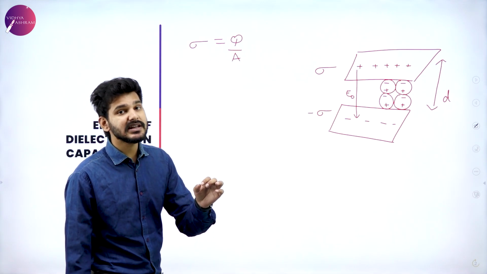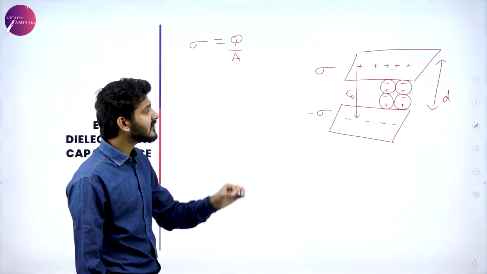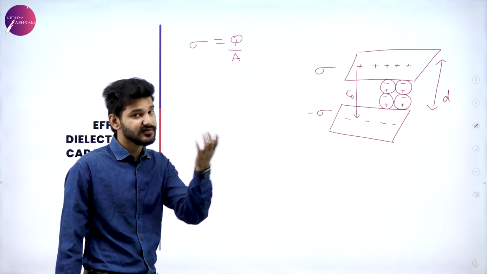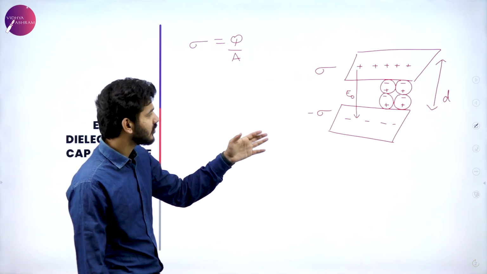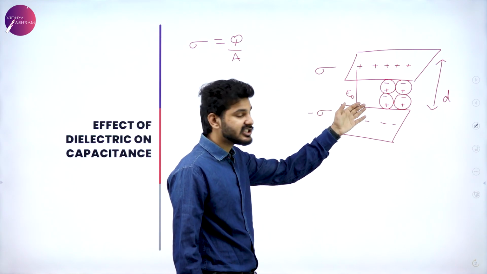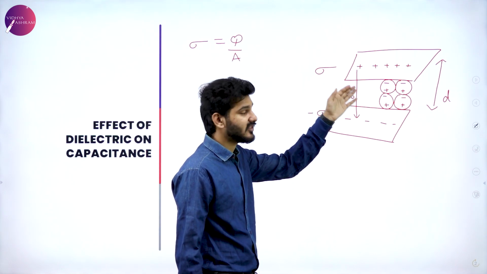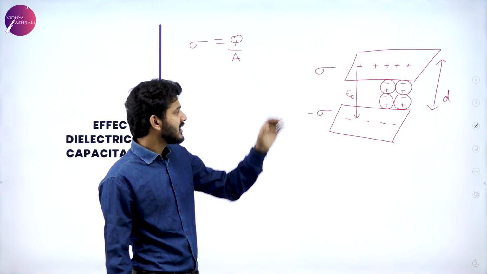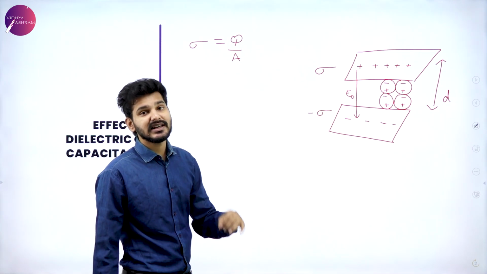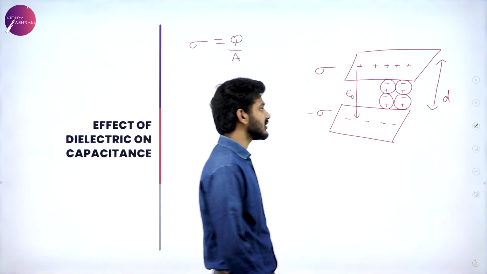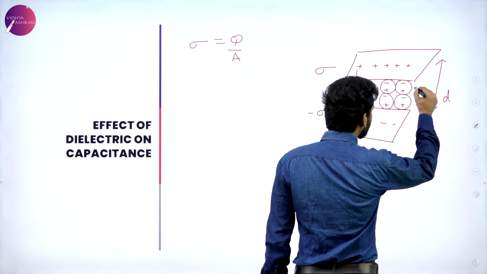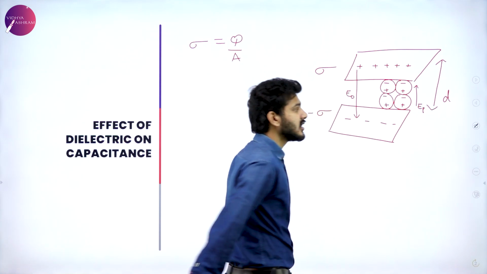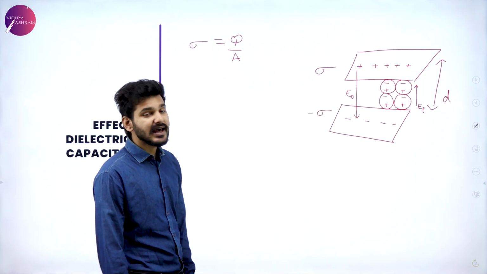When the dielectric material is polarized, it develops an internal electric field due to polarization, which was discussed in the previous class. The direction of the internal field will be in such a manner that it opposes the external electric field.